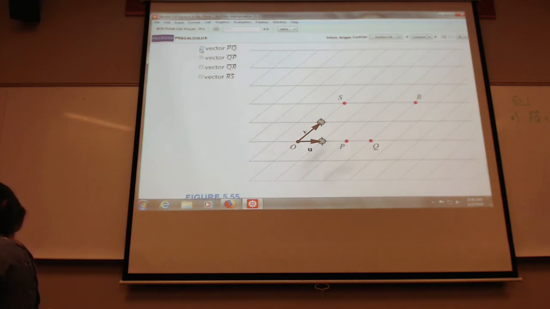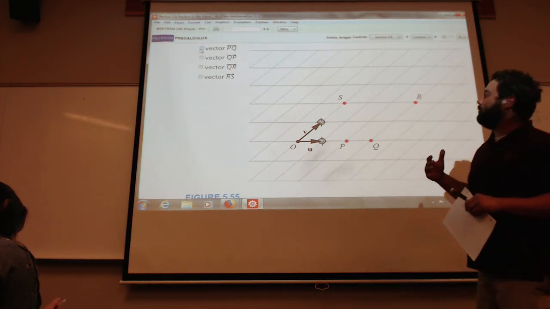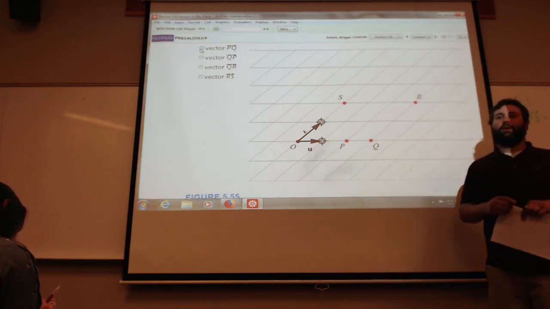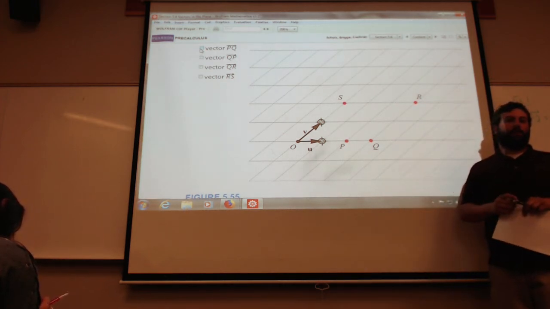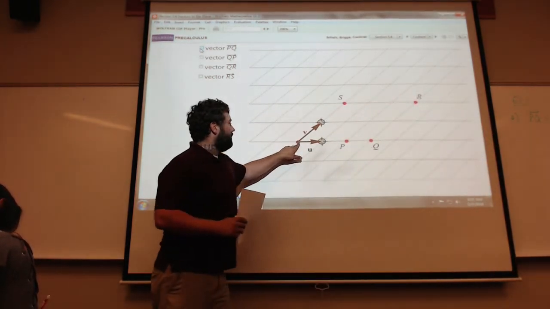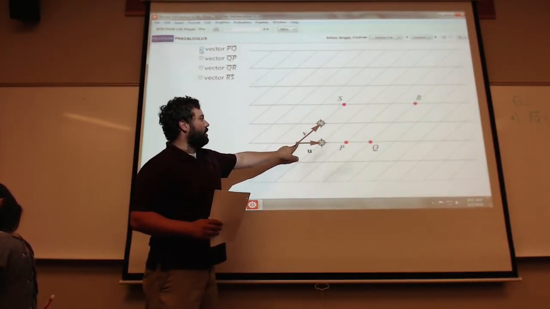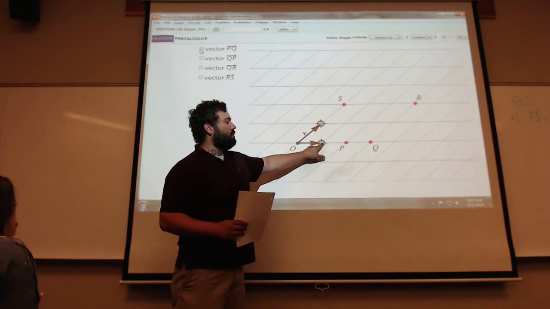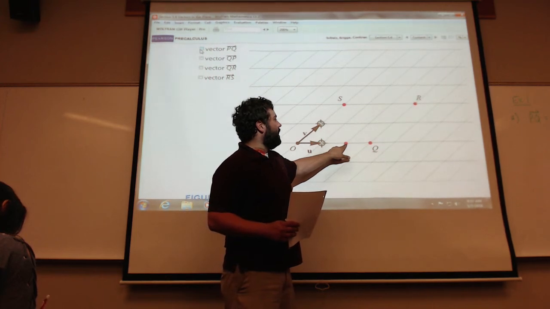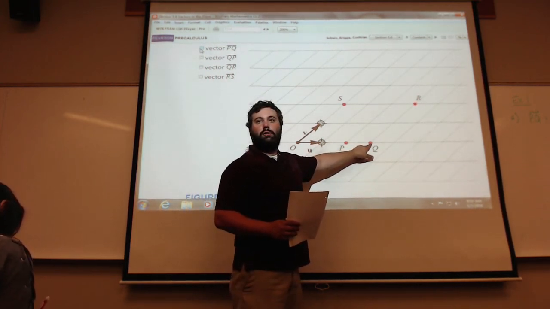So what we're going to do is write all of these vectors that I've given in example 1 as multiples of u and v. So you have to find the scalar multiple of either of those two vectors. Starting at this point right here, which I'm calling the origin, I'm going 1 unit to the right. Well, if I start at P, how many units do I have to go to the right to get to Q?